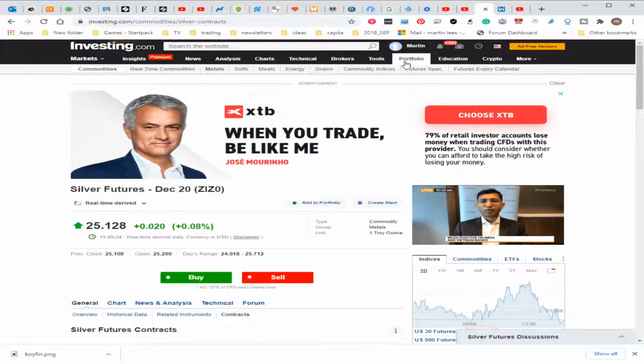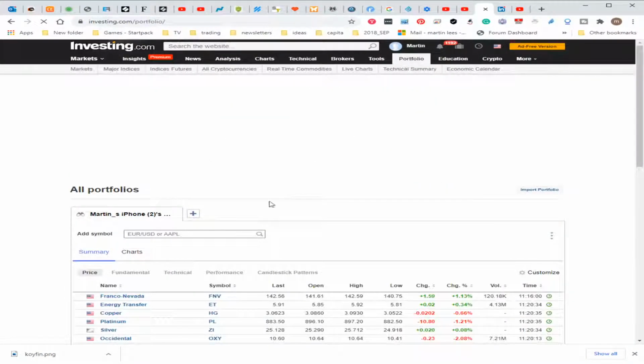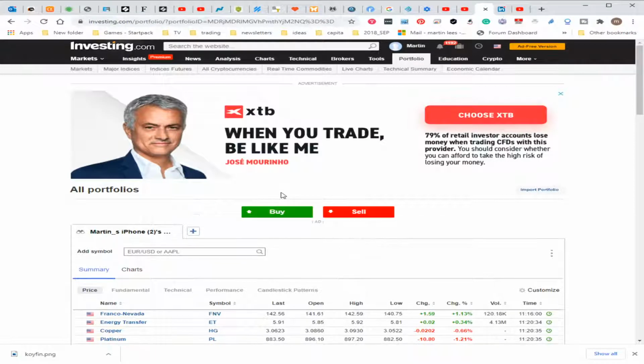What I do like is that you can have a portfolio, and if it goes up a huge amount, I actually get a notification on my phone, which is fantastic, so that you can take action if something you have is going up dramatically or something is going down dramatically.